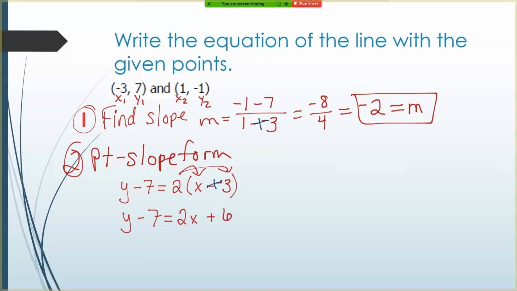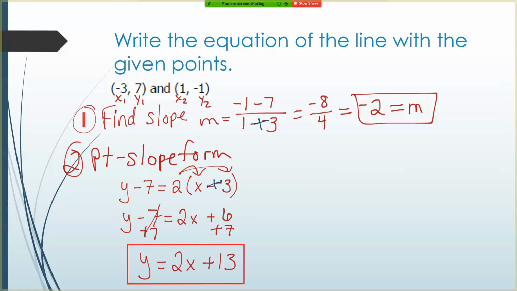Plus 2 times x is 2x, and 2 times 3 is 6. For our last step, we are going to add 7 to both sides, so y equals 2x plus 13. Again, we're only adding that 7 to the 6. We don't do anything with the 2x because it's not a like term.